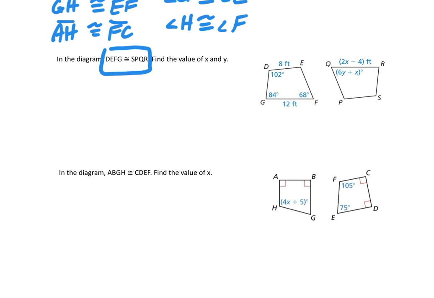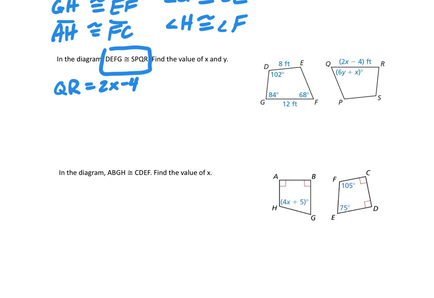Okay, so let's say, I don't want to start with this because it has 2 variables in it, right? It has a y and an x. I don't want to start with that because we have two things we have to find. So the one that I'm going to start with is 2x minus 4, because it has just an x in it, right? And that is segment QR. So we know that QR is 2x minus 4.